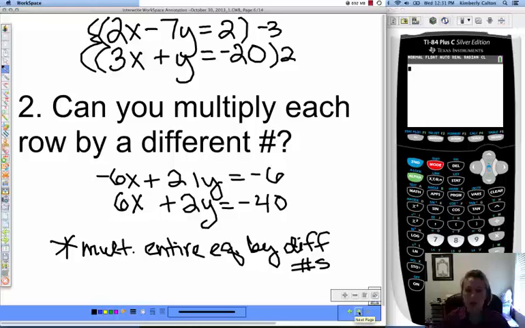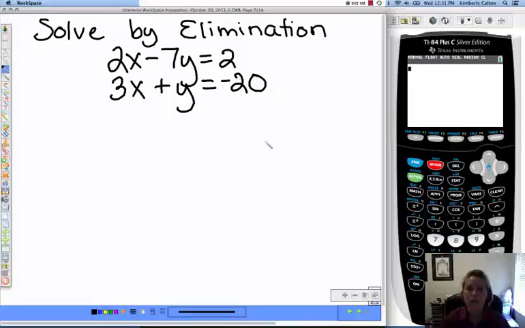So using what we know, if we go to this one, we're going to solve it by elimination, which is what we learned how to do when we solved systems of equations by elimination, substitution, and graphing. So if I were to do this, we're going to do it step by step to refresh you. We're going to have negative 3, and on the bottom one we're going to multiply by 2.